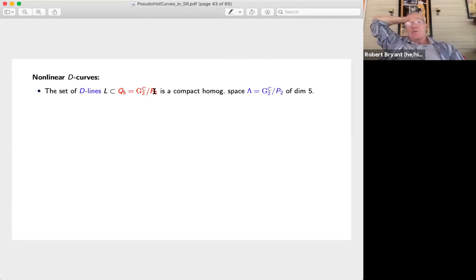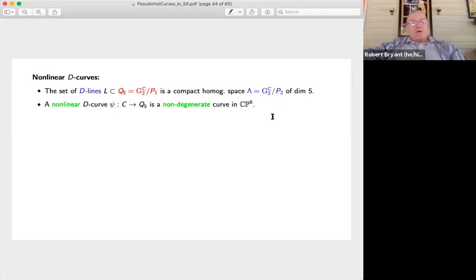G2C has two maximal parabolics that are not conjugate to each other. For one of them, the quotient is Q5, and the other is this space of D lines in Q5. This was observed by Cartan a long time ago. It's a result of Cartan's, right?